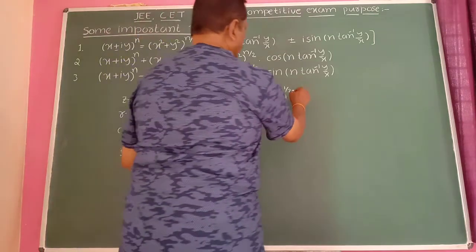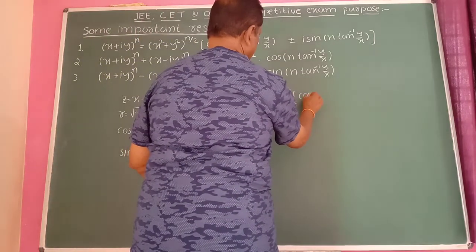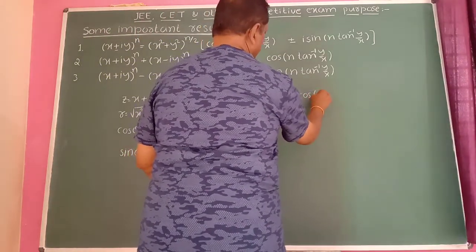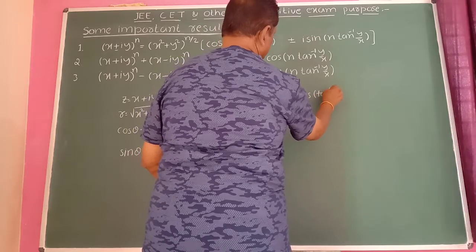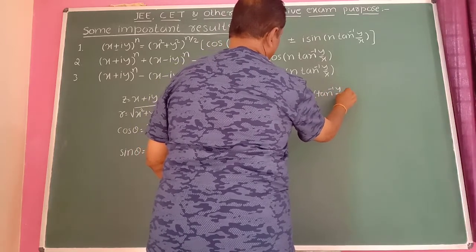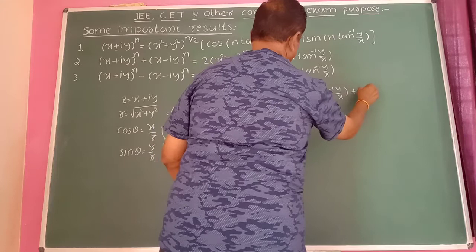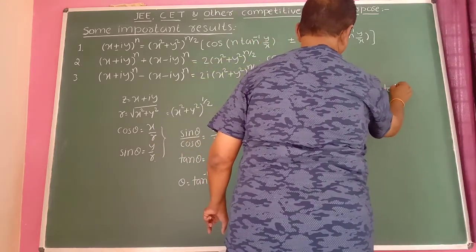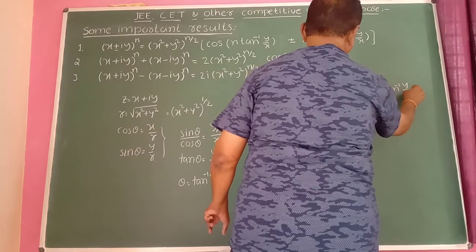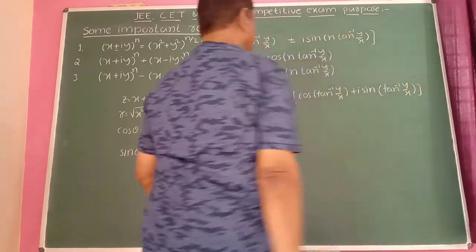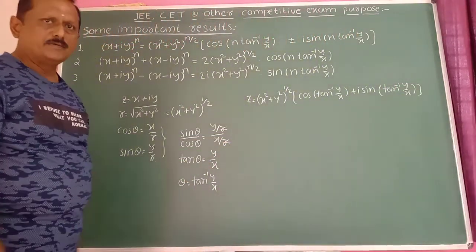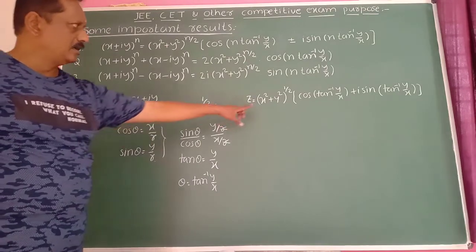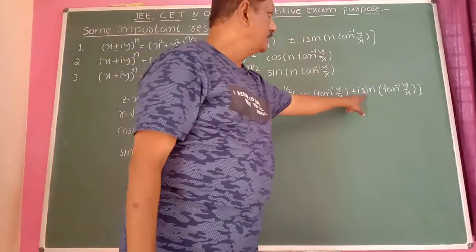Therefore cos of tan inverse y divided by x plus i into sin of tan inverse of y divided by x. It is the polar form of this complex number. This is r (cos theta plus i sin theta).